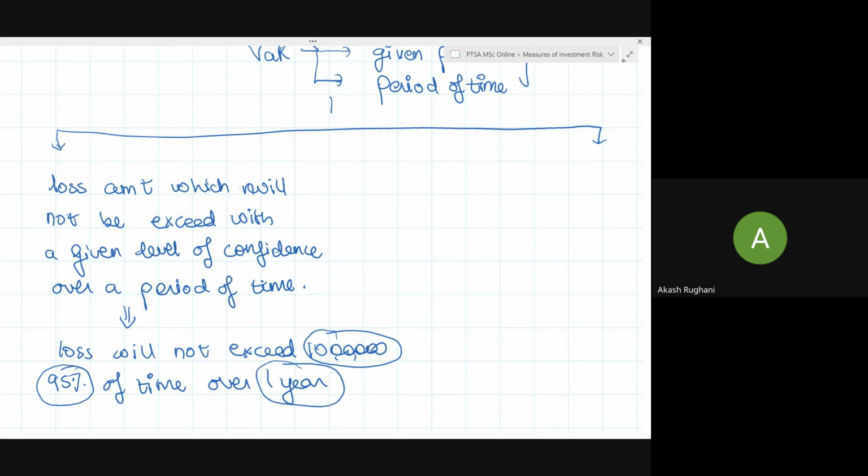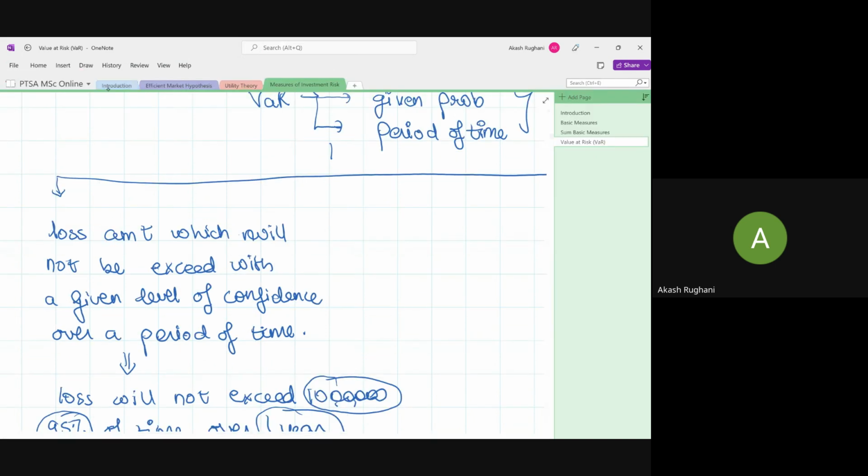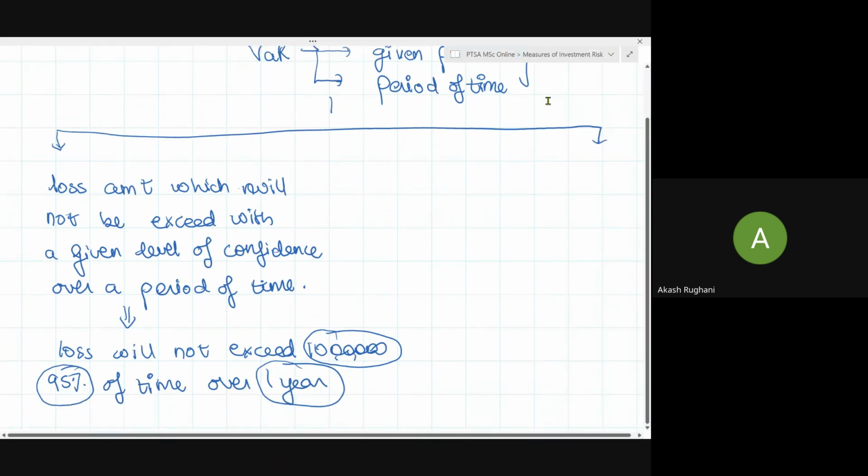Now the same thing can also be stated in a different way. Loss will exceed a specified amount with a given level of significance.